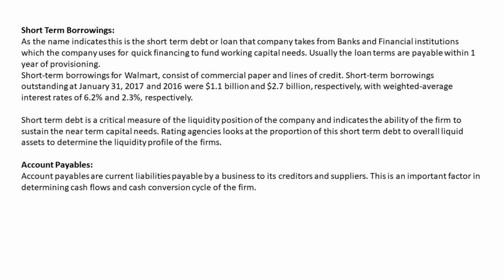The next important thing is accounts payable. Accounts payable, as the name says, are payables to the suppliers and creditors of the business. Basically, in any business, the suppliers provide raw materials, finished goods, and outsourced products, and depending on the type of business, different products are supplied.